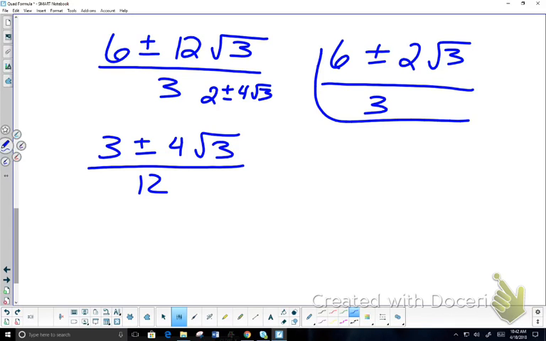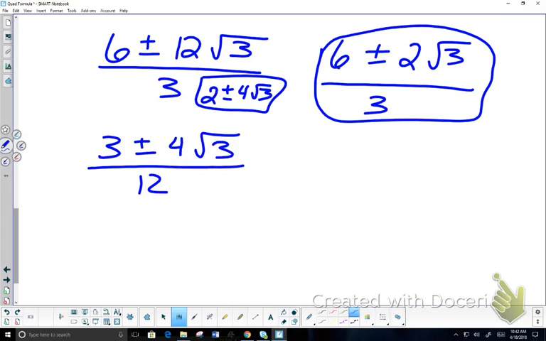This one is done. That would be the answer, right? What about this one? You can't simplify it? You don't think so? What about these two?